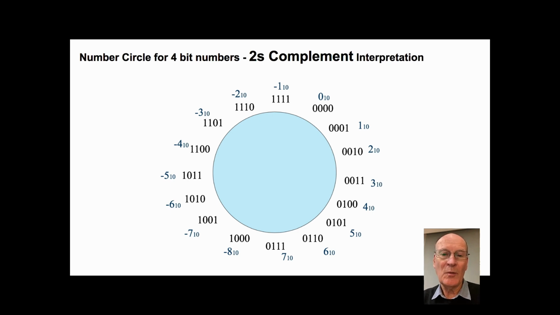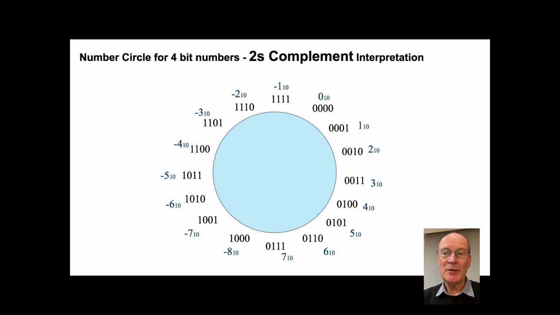2's complement is a way of representing a negative number with some of these same bit patterns and not dedicating one bit as a sign bit, instead using the full pattern. So let's have a look. If we start at position 0 here, and I've got the base 10 value as well, then you move around the circle.